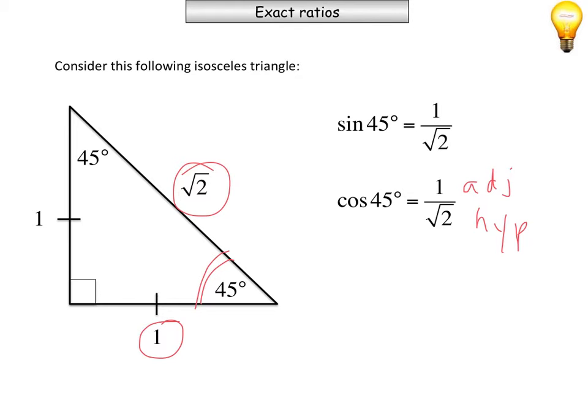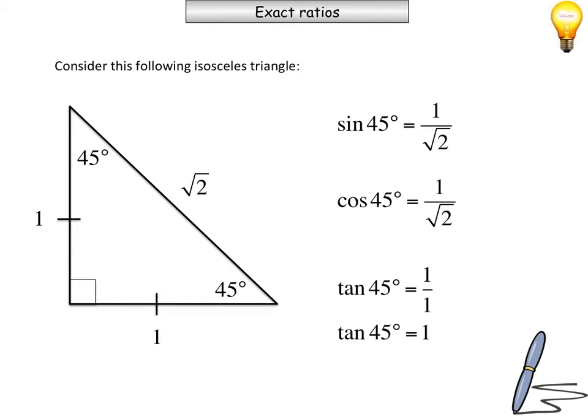If you can remember TOA, which is opposite over adjacent, we end up getting 1 over 1, which is equivalent to 1. So tan of 45 is equal to 1. These three so far, and there's going to be more to come, are very important to remember.